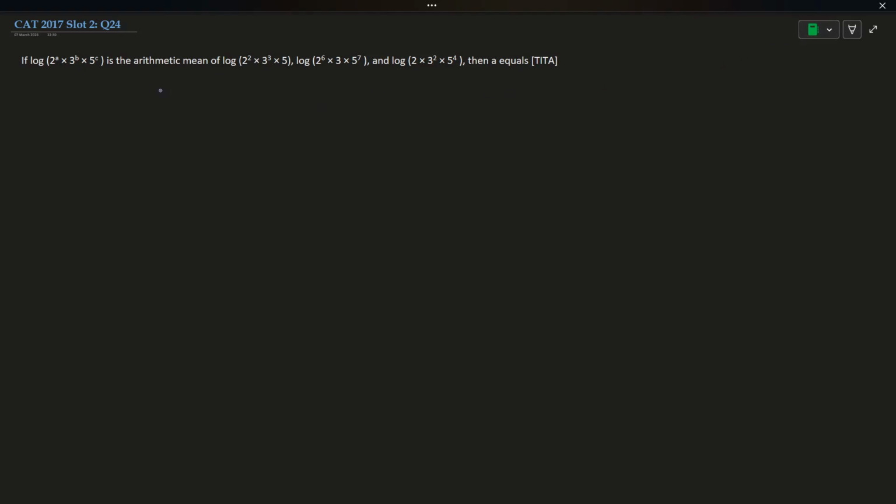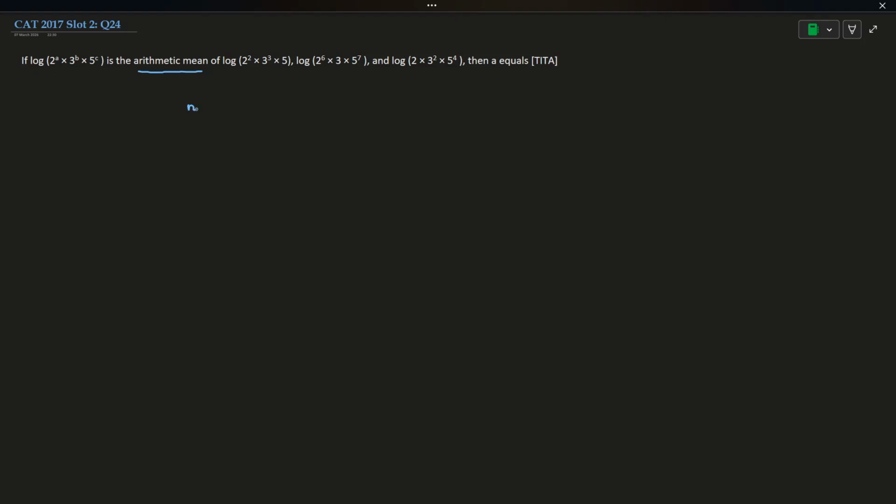If log 2 to the power a into 3 to the power b into 5 to the power c is the arithmetic mean of this, then find the value of a. So, what do you mean by arithmetic mean, guys?